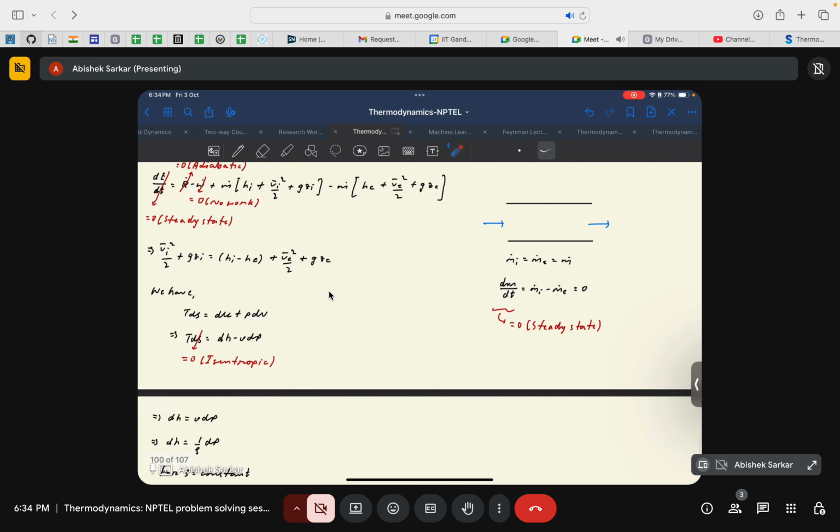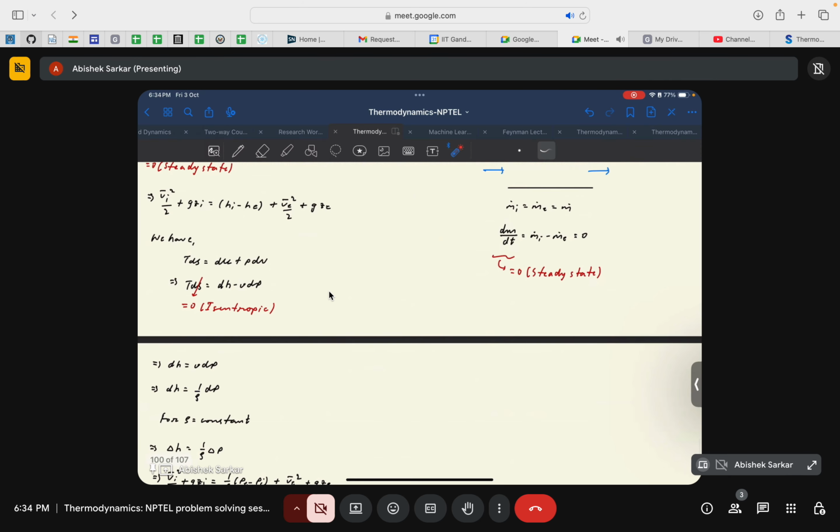Now from the thermodynamic property relations, we get that TdS is equal to dU plus PdV, or TdS is equal to dH minus VdP, the second thermodynamic property relation. Now for an isentropic process, if there is no heat interaction and it is a reversible process, then we can write TdS equal to 0.